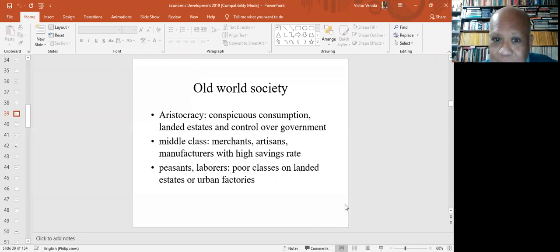And these merchants are those that also bring those imported goods which were very, very expensive. So being able to obtain them would mean showing off their wealth and power.